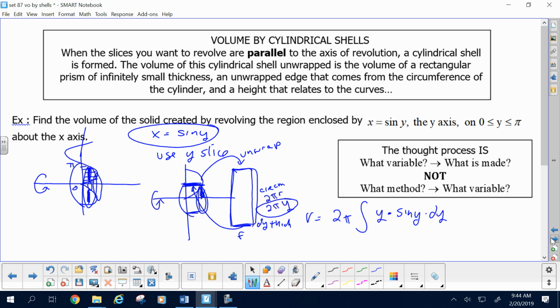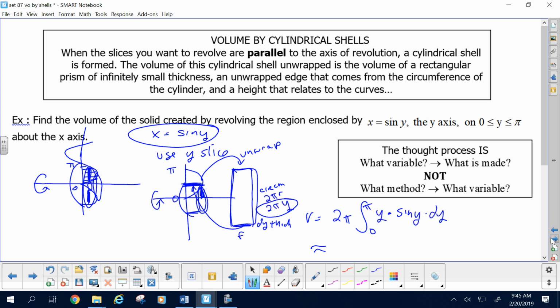The limits of integration are 0 to pi or 0 to 1? Given that y is the variable, don't I need y values here, so it's 0 to pi. All right, throw that in your calculator.